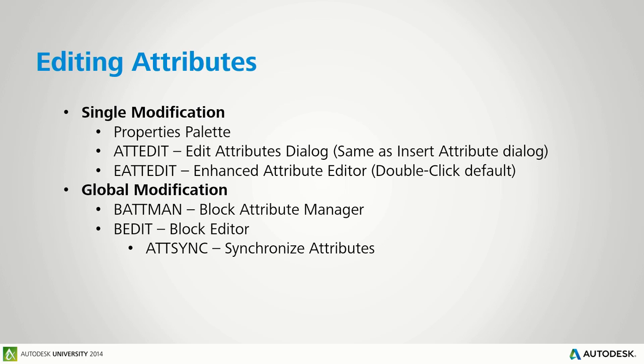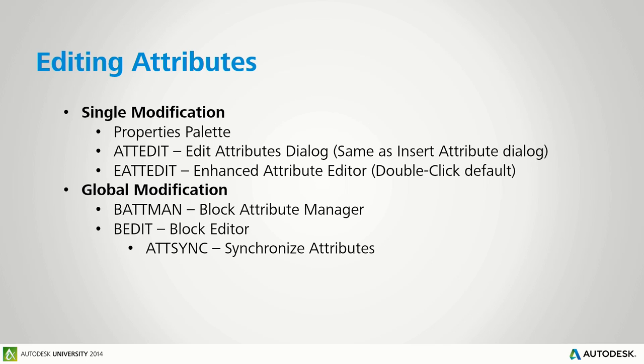For global and single, you can use a tool called BATTMAN, Block Attribute Manager. You could also think of it as a batch attribute manager. This allows you to make changes to one block attribute and then update all the other attributes in your drawing. The thing about attributes is that, unlike a block, which we can redefine and it updates all the other blocks, you can update your block, but that attribute will not update until you use tools such as the attribute synchronization or synchronize attributes tool down there.